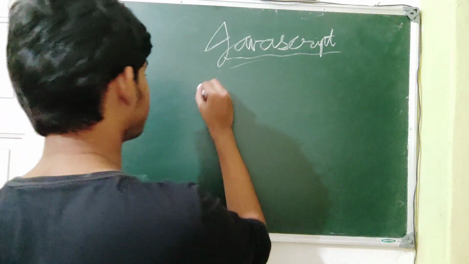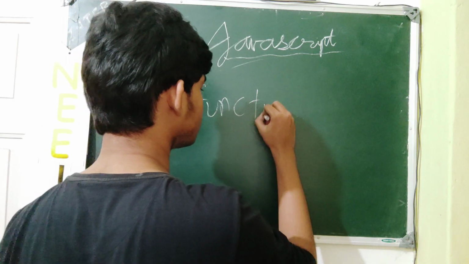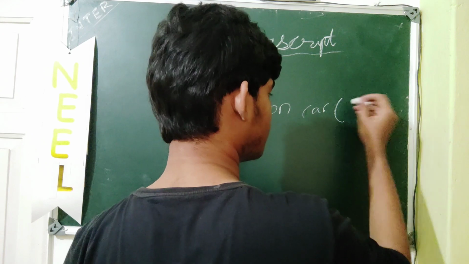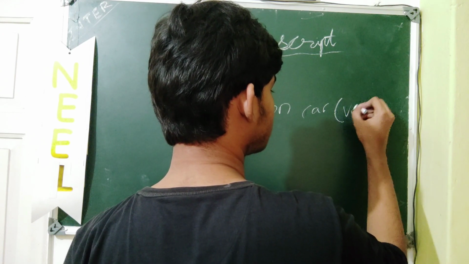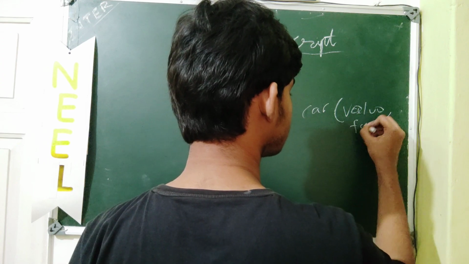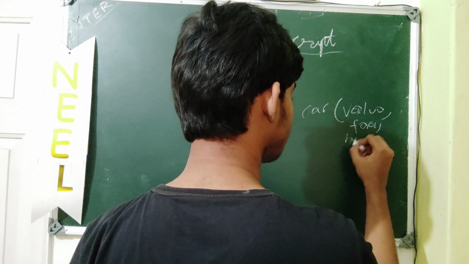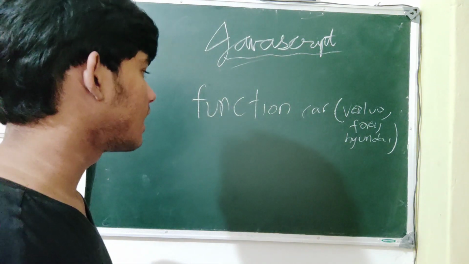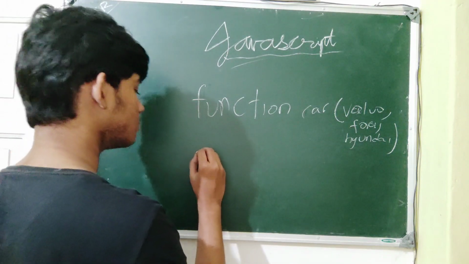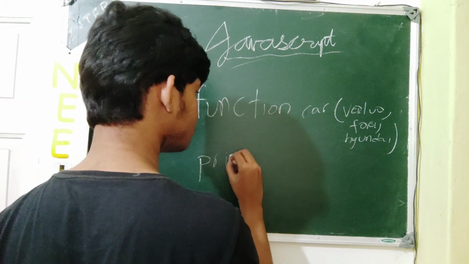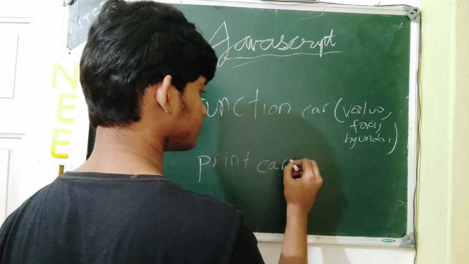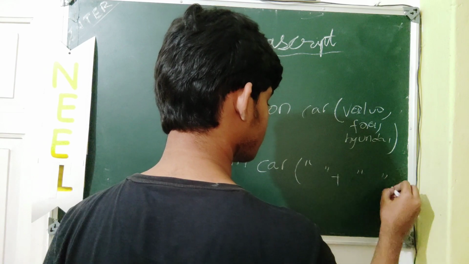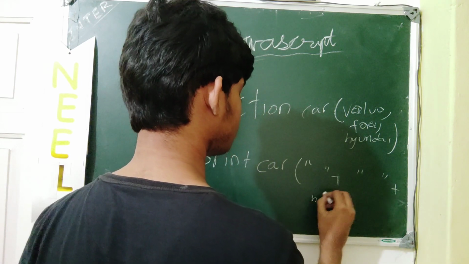So for example, if I write something like function car, with Volvo, Ford and Hyundai, let us assume. After writing this, imagine I asked it to return or print car plus height.